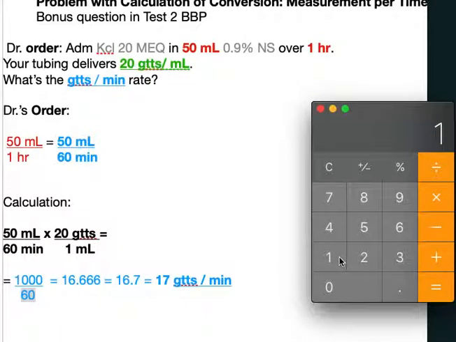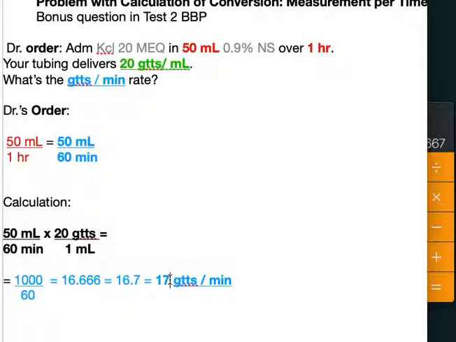And if we have a calculator, we'll do 1000 divided by 60 equals 16.6666667. As we are calculating drops, we just need an integer number without any decimals: 1 drop, 2 drops, 3 drops, 4 drops, 17 drops. We are rounding up 16.666.